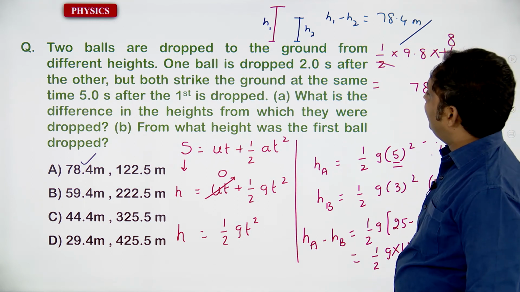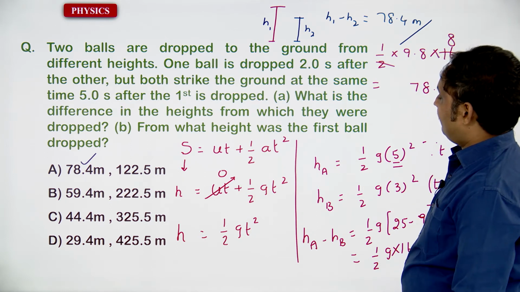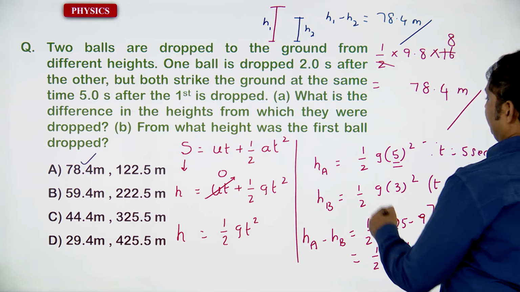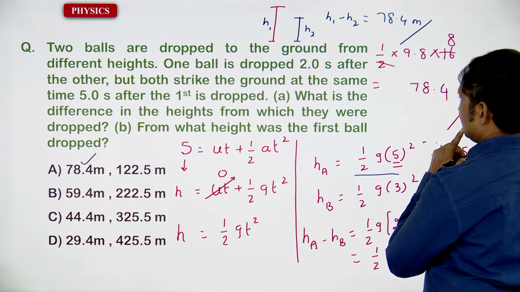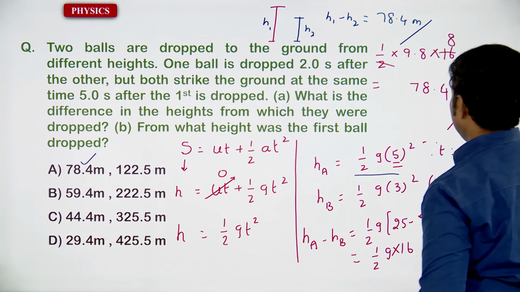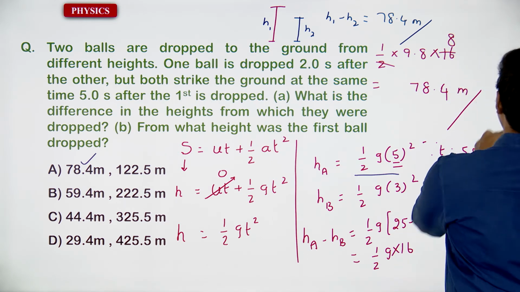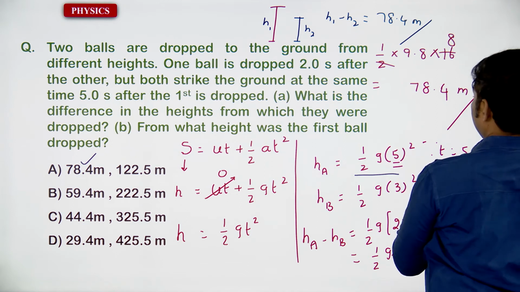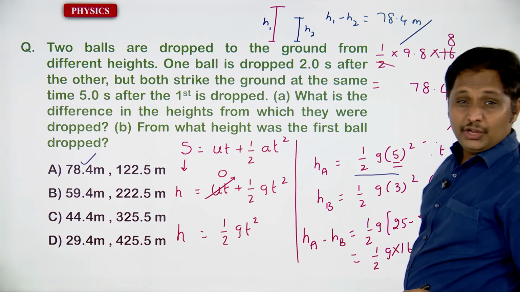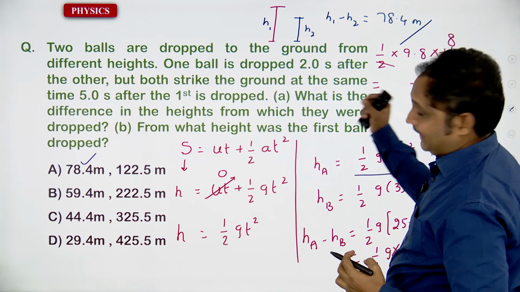If you are going to do the substitution, it's very easy for you. You can solve the problem. You can calculate the distance of the second ball and the first ball.